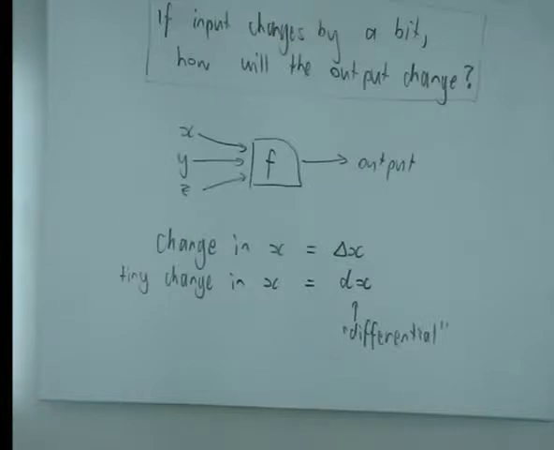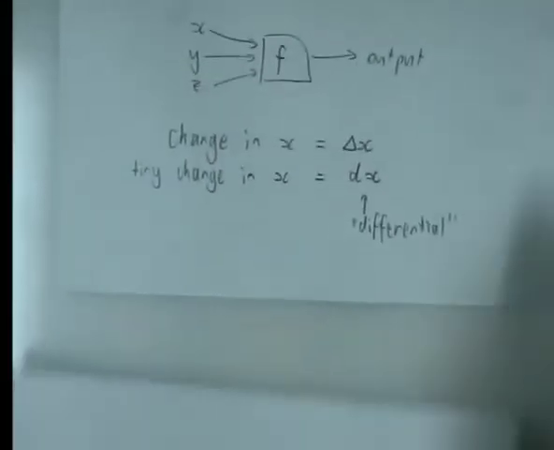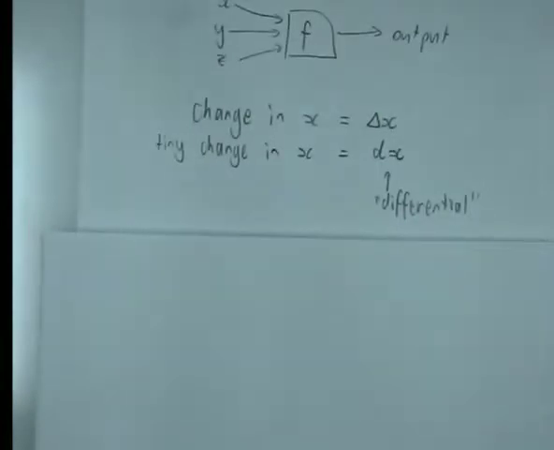Right. So what we want to know is if we make a tiny change in x, what happens to the matching tiny change in the output. Okay, so this is the concept.